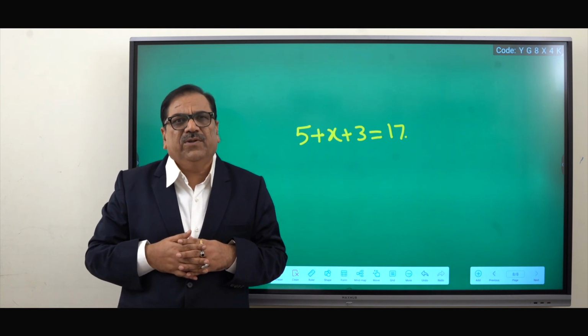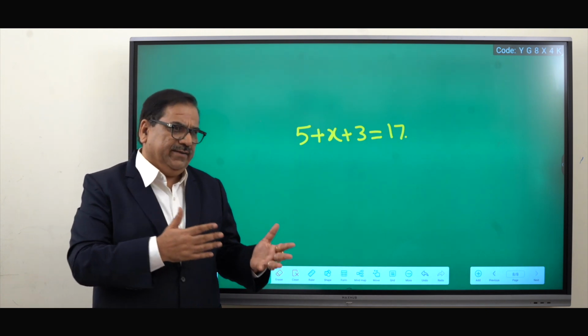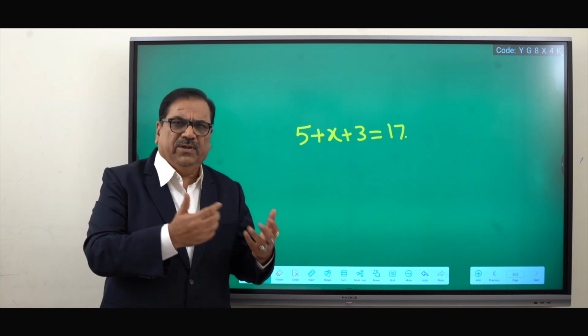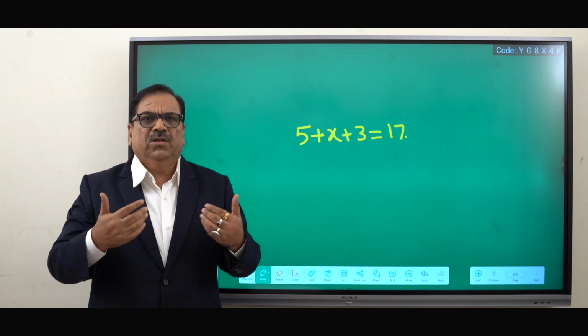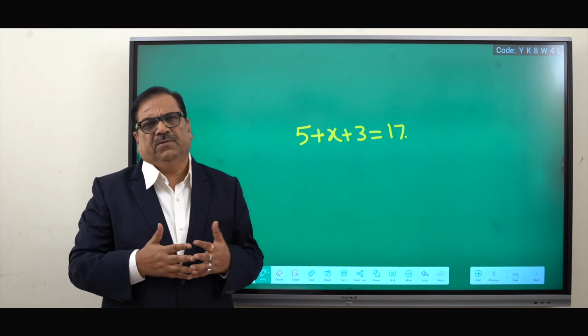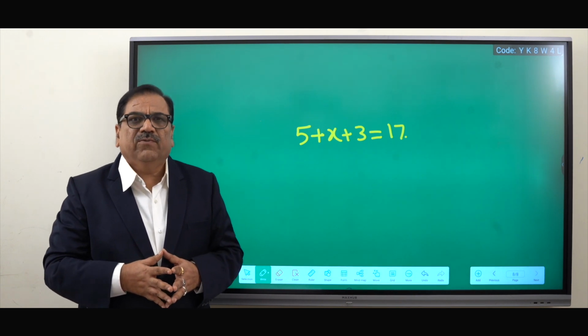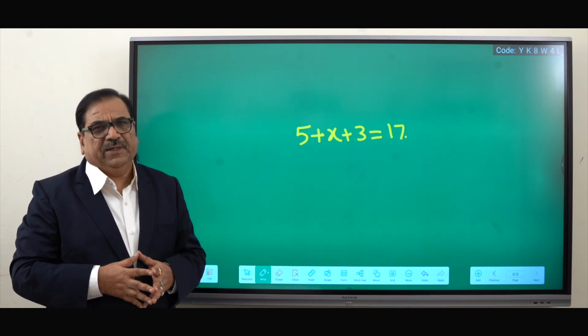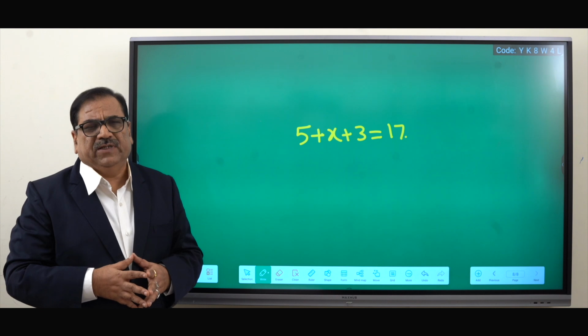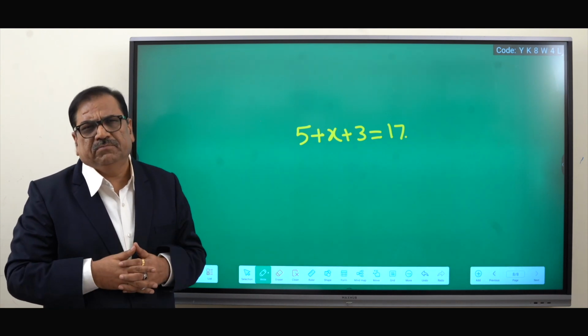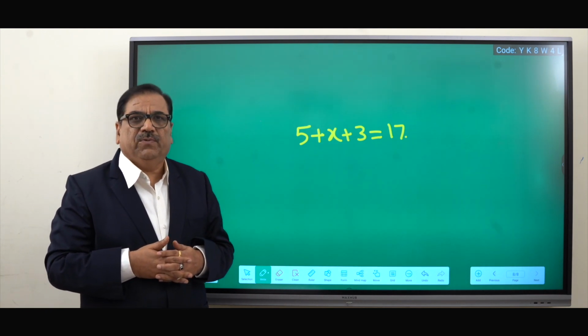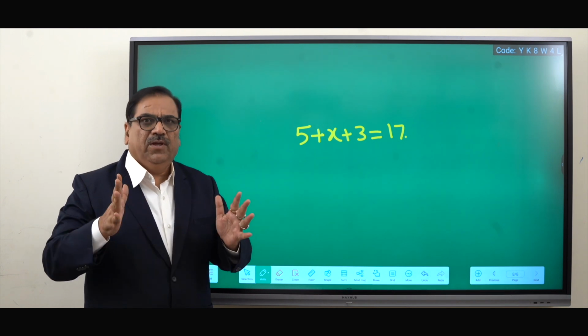And when we use variables like x, y, or m, n, or p, q, r, then we say it is mathematics. And equations are a very important part of mathematics.